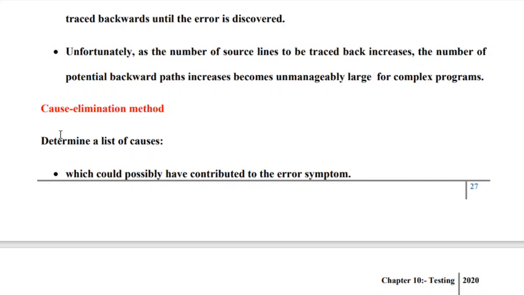So we select a particular cause and see whether it is responsible for that particular error, and over a series of steps we try to eliminate the causes and see which are actually causing the problem or leading to the error.